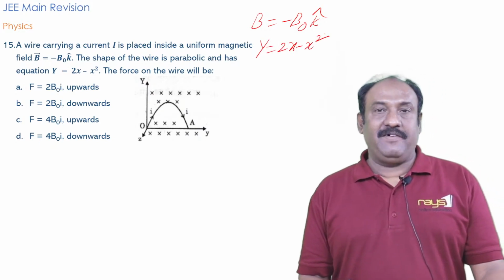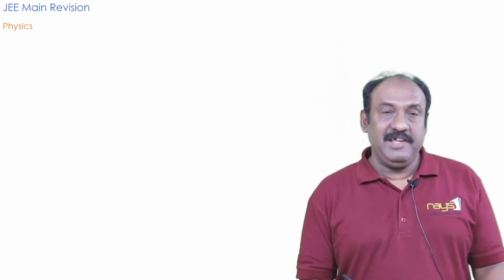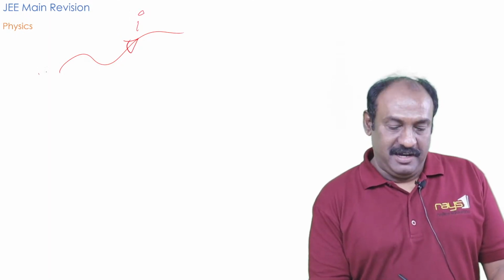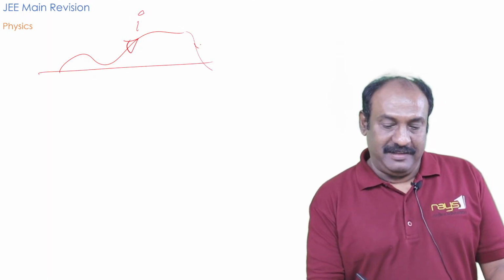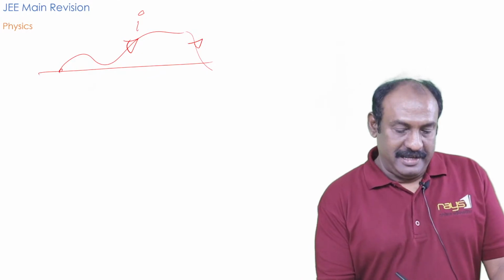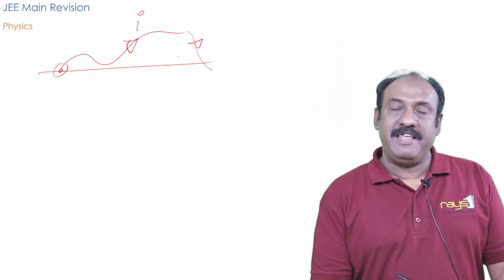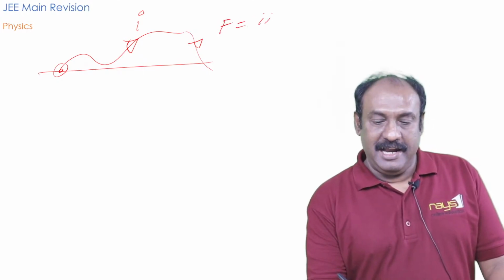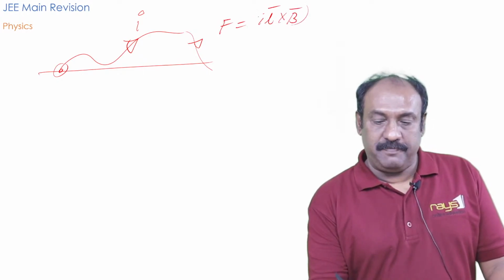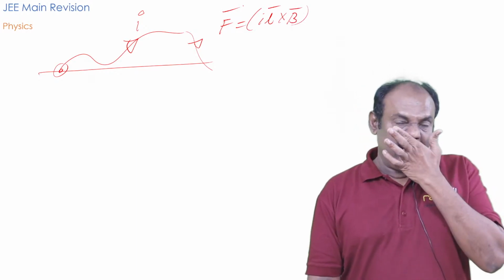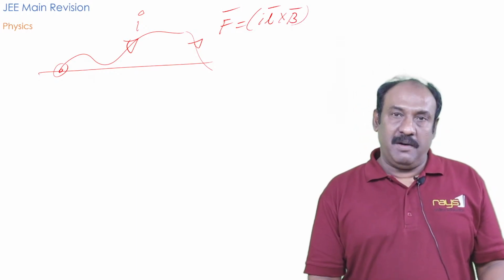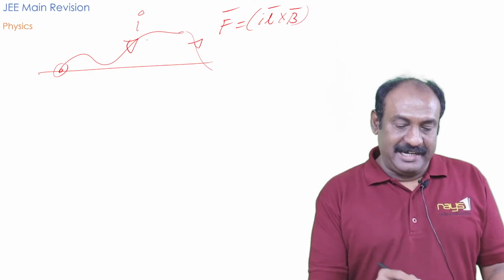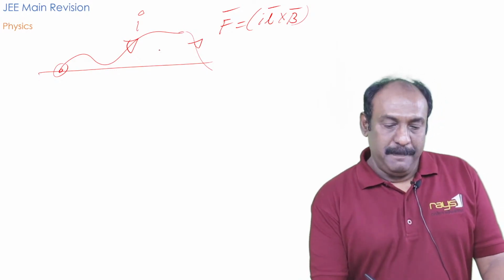The force on the wire is, so if any wire carrying current I is placed in the uniform magnetic field like this, then we know that the force experienced by this wire is F equal to I L bar cross B bar. This is the vectorial form of the force experienced by this conducting wire carrying current I placed in the uniform magnetic field like this.